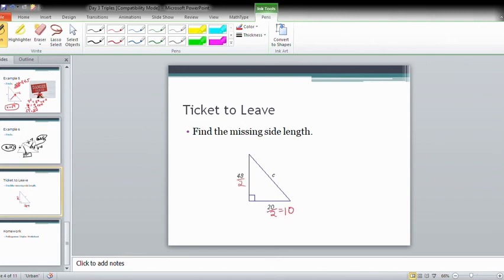So I get 10 over here and 24. That's not going to work. But let's keep going. Oh, I should have probably done 4, huh? So we're going to divide by 2 again. I'm going to get 5, and I'm going to divide this by 2 and get 12. So we're actually looking at the 5, 12, 13 family.